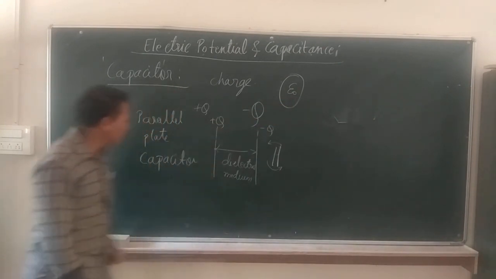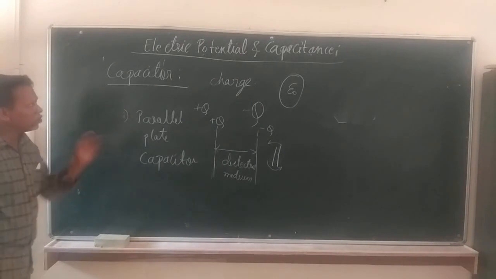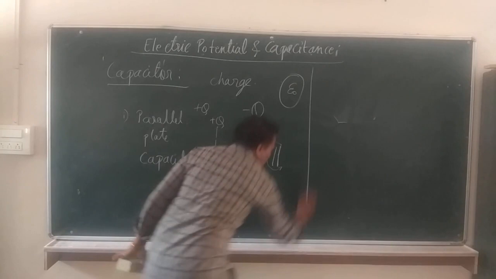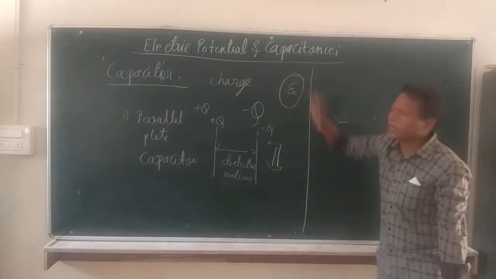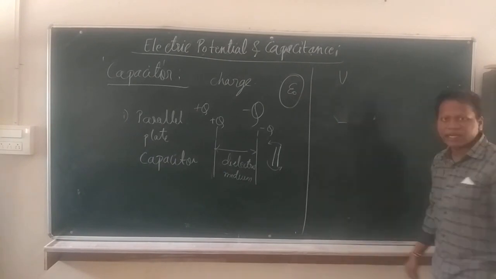Okay, now move on to the capacitor and the parallel plate capacitor. Now we'll go for how the charge and capacitance exactly depend. As we have discussed the electric potential, we'll use the letter V, where V indicates electric potential.